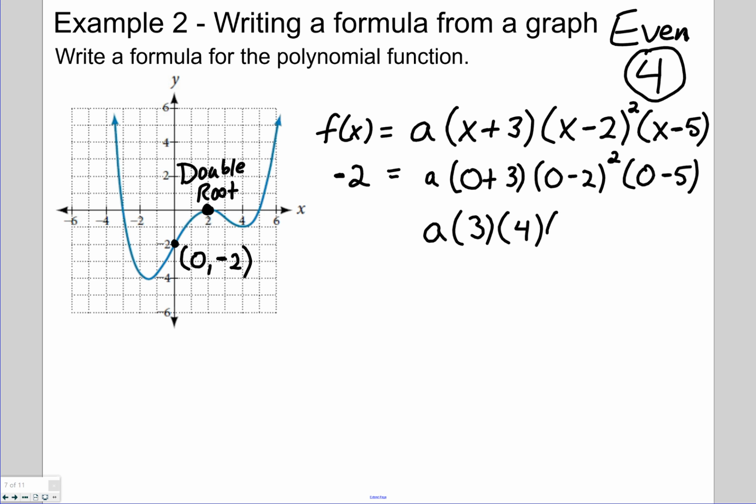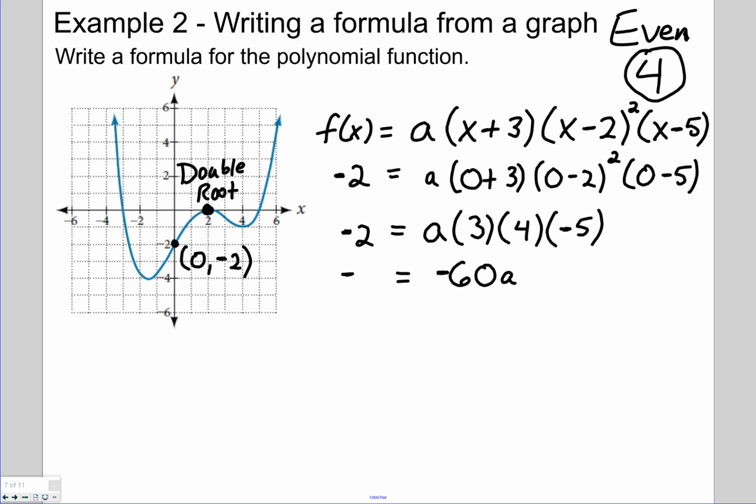We all agree? And then 0 minus 5? -5. And then bring down the -2. If you need a calculator, you can, but I think we can do 3 times 4 times 5. -60.